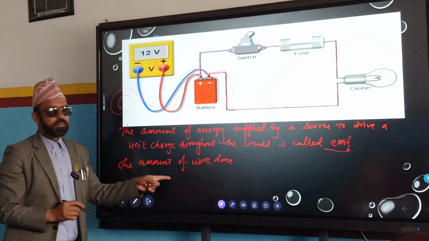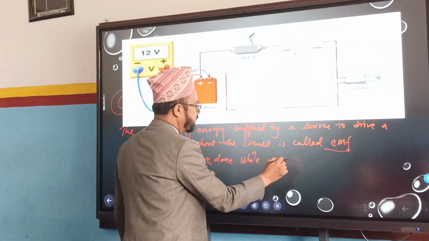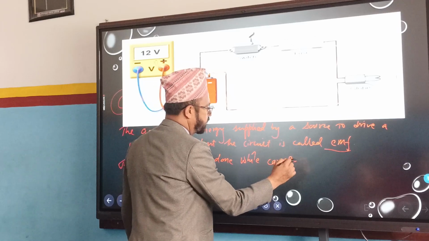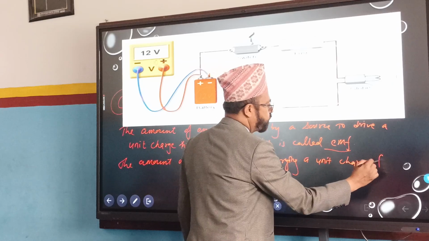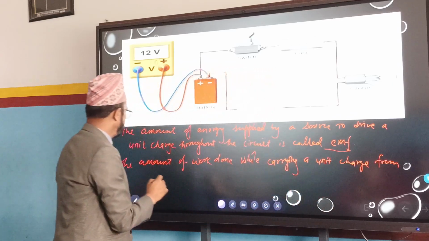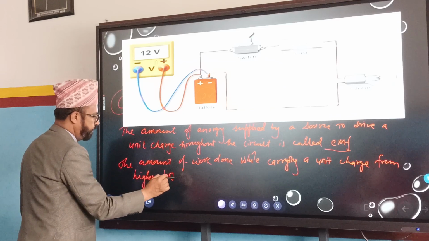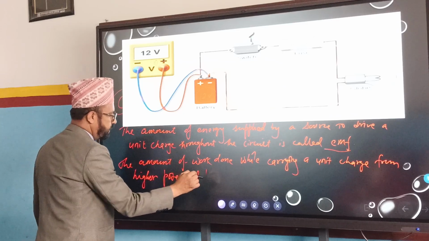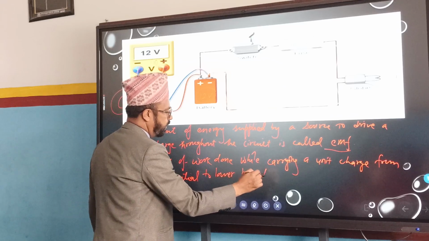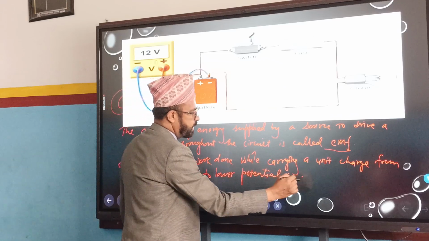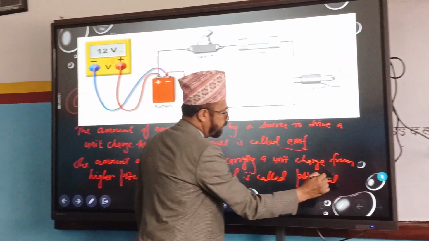Here is the amount of work done while carrying a unit charge from higher potential to lower potential, is called potential difference.